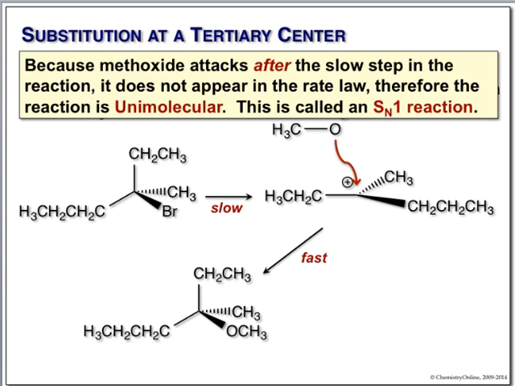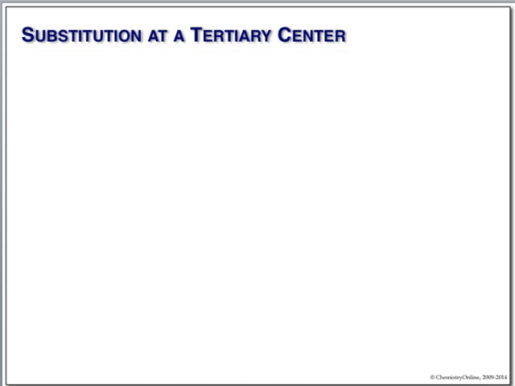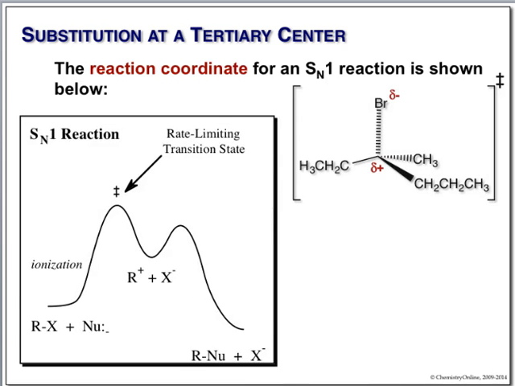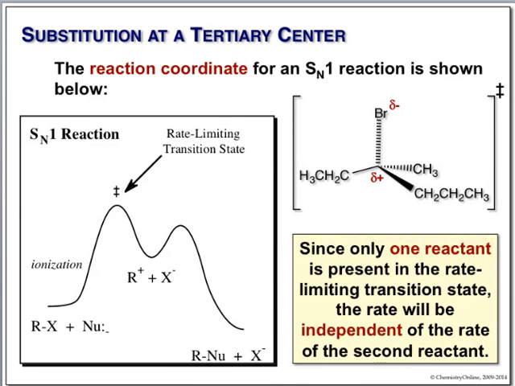Now remember, we did reaction coordinates. For a carbocation forming reaction, we would have something like this. Here's our tertiary alkyl halide. The slow step is loss of the halogen to form the carbocation. This is what the transition state looks like, and that's right here.